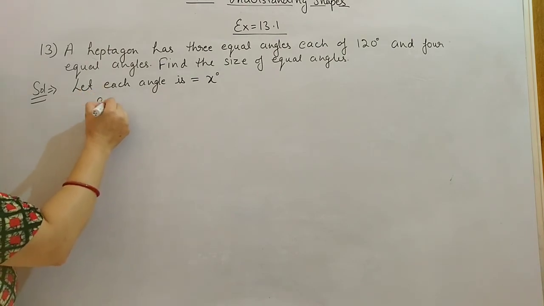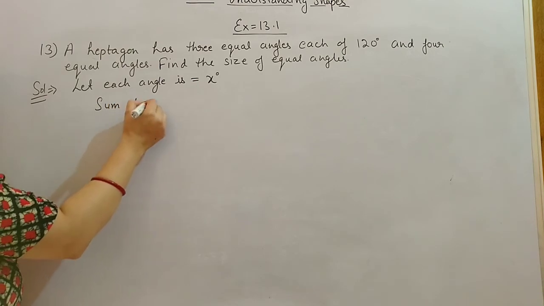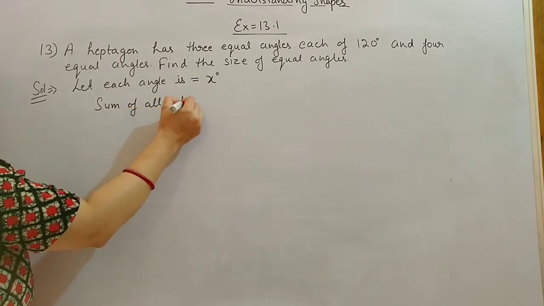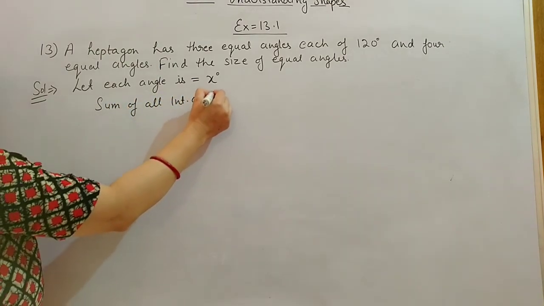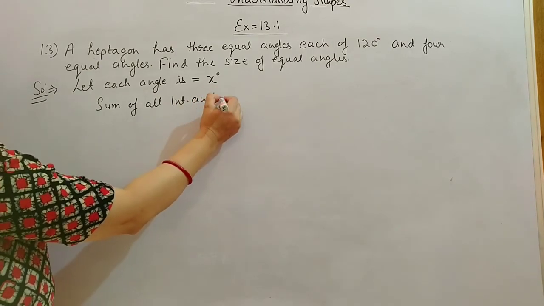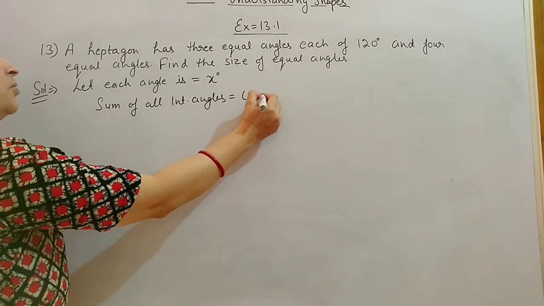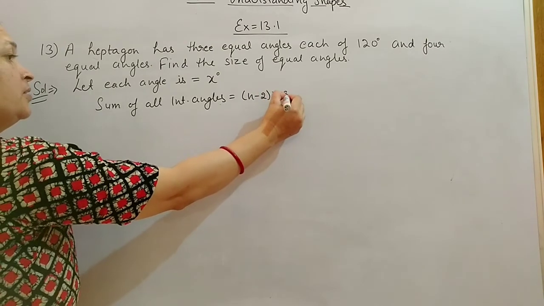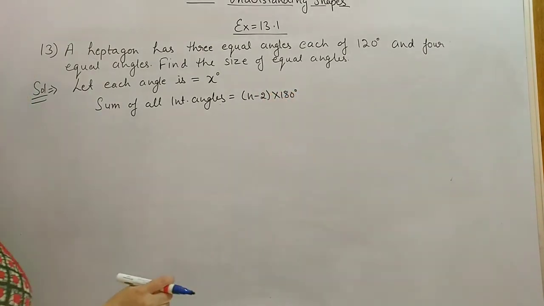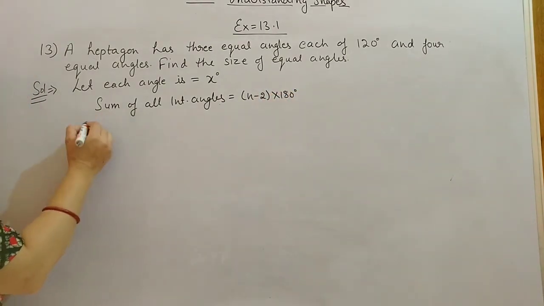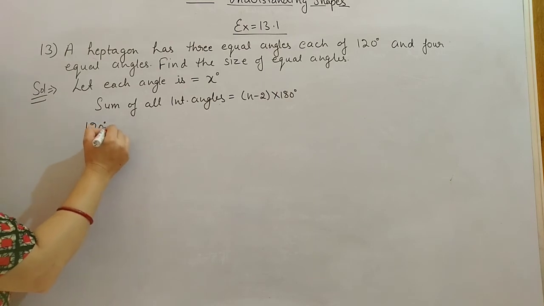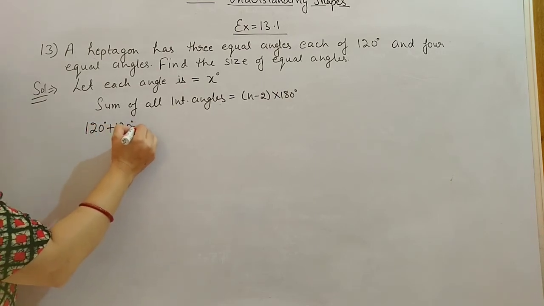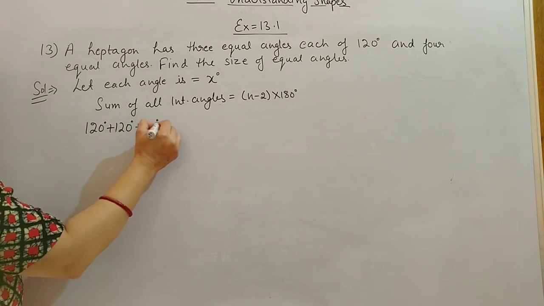The sum of all interior angles will be n minus 2 into 180. Here n is the number of sides, and here we will add all the angles. 3 angles are 120 and the remaining 4 are x.